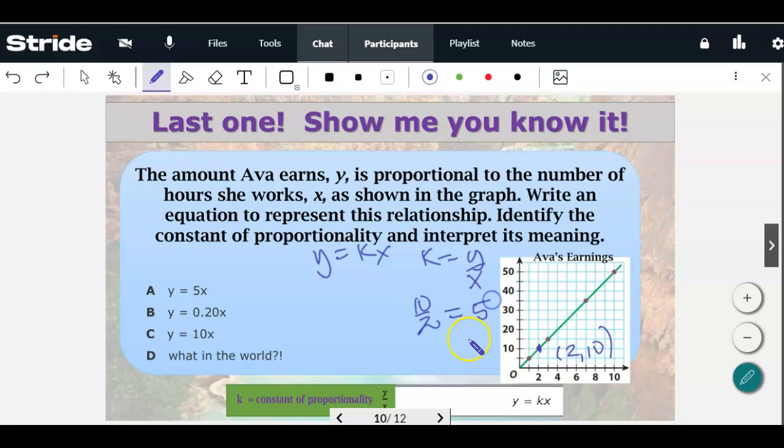Simplify that, that's 5. So it would be y is equal to 5x. The constant of proportionality is 5. It is the slope again. If you go up 5, you go over 1. Up 5, over 1. Up 5, over 1. So constant of proportionality is the slope, and this unit rate would also be 5.